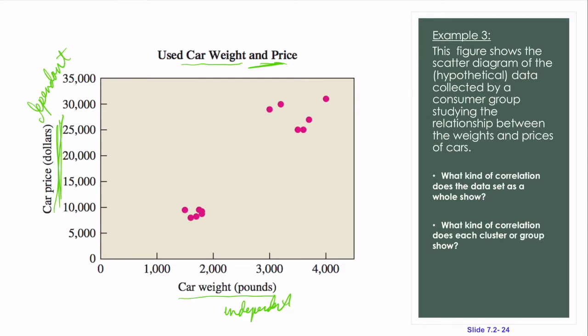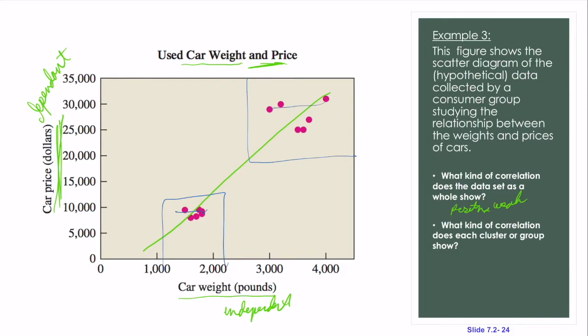So what kind of correlation does this data set show as a whole? Well, as a whole, it would show kind of a positive correlation, but very weak, I would say, because they don't all line up on the same point. But what does correlation for each cluster group show? Well, if you look at each cluster group by itself, it really kind of shows no relation, no correlation.